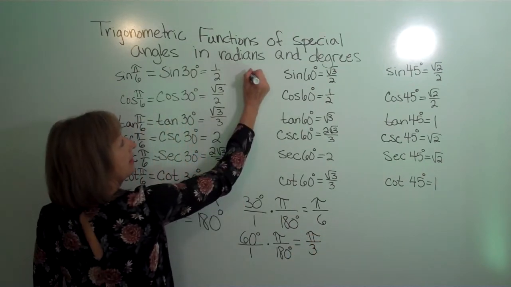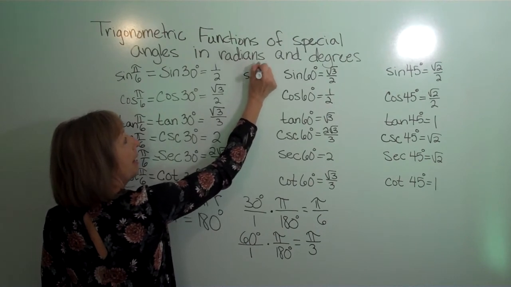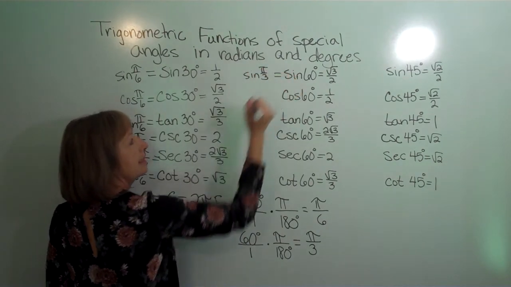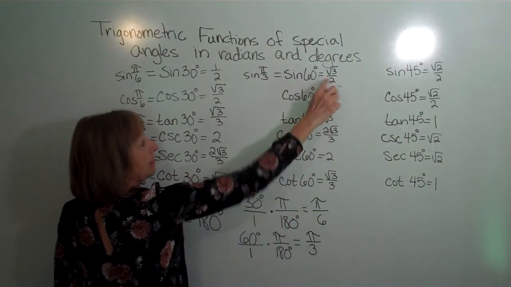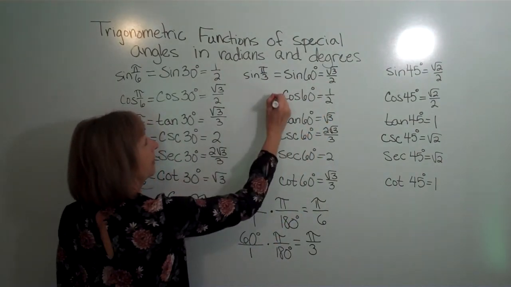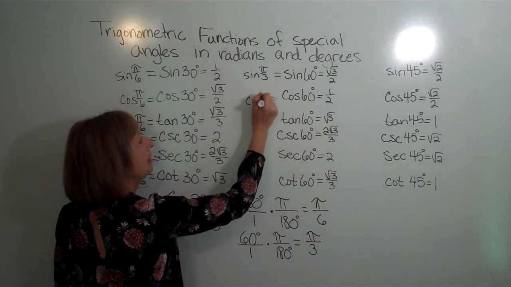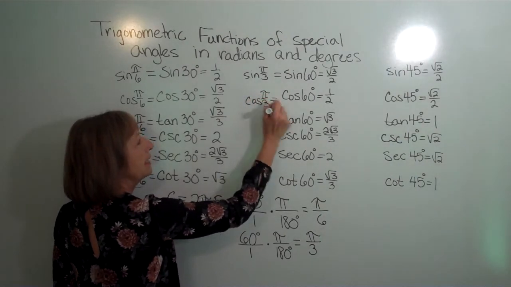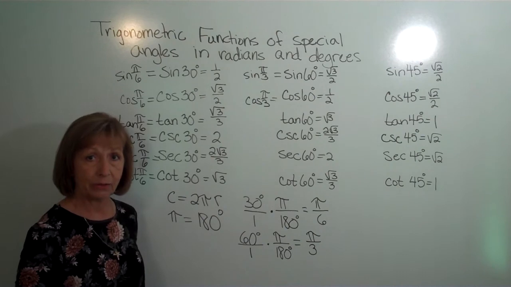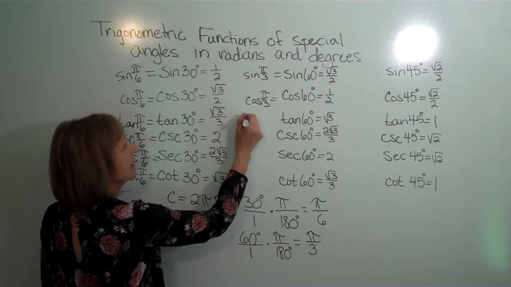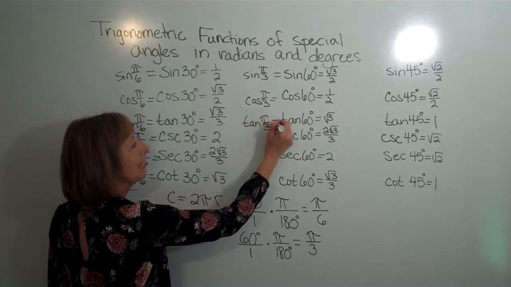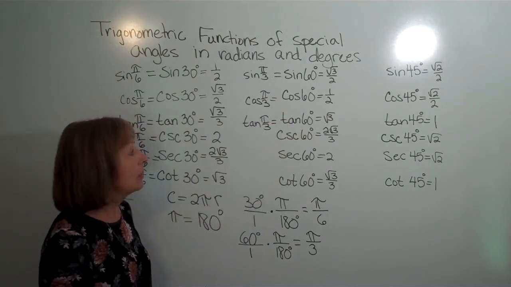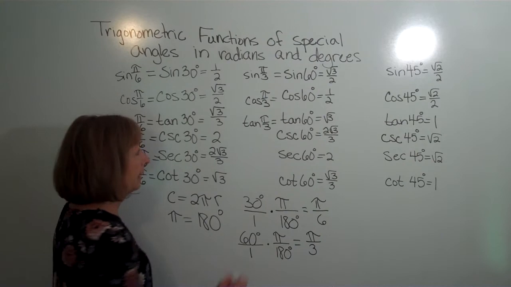So now the sine of pi over 3 is the same as the sine of 60 degrees. So that is square root of 3 over 2. The cosine of pi over 3 is the same as the cosine of 60 degrees, which is 1/2. The tangent of pi over 3 is the same as the tangent of 60 degrees, so that's the square root of 3.